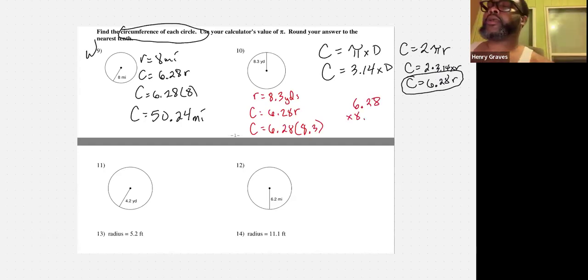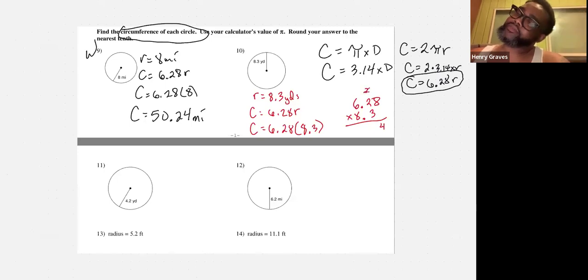I don't think so. 8 times 3 is 24. 2 times 2 is 6 plus 2 is 8. So it's 18. 0 across that number. And I already know what 6.28 times 8 is, isn't it? Because I already did it over here. But just for the sake of time, I'll do it again. 8 times 8 is 64. 16, 22.